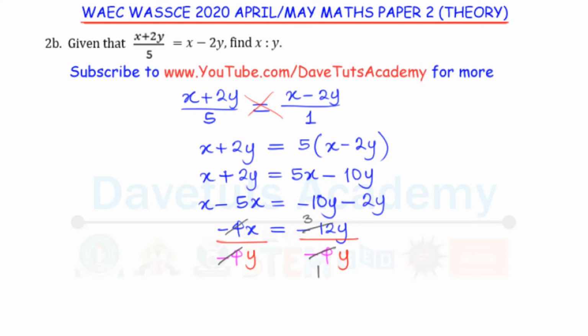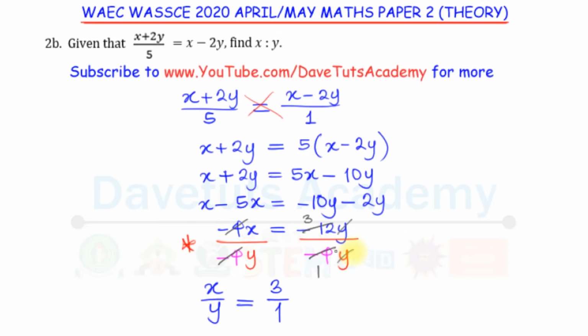So what I'm going to have eventually is that x over y is equal to 3 over 1, because also this y has cut out this y. So I've eliminated y on the right hand side, and I've eliminated minus 4 on the left hand side. What you just need to note, student, you don't need to be confused with this.